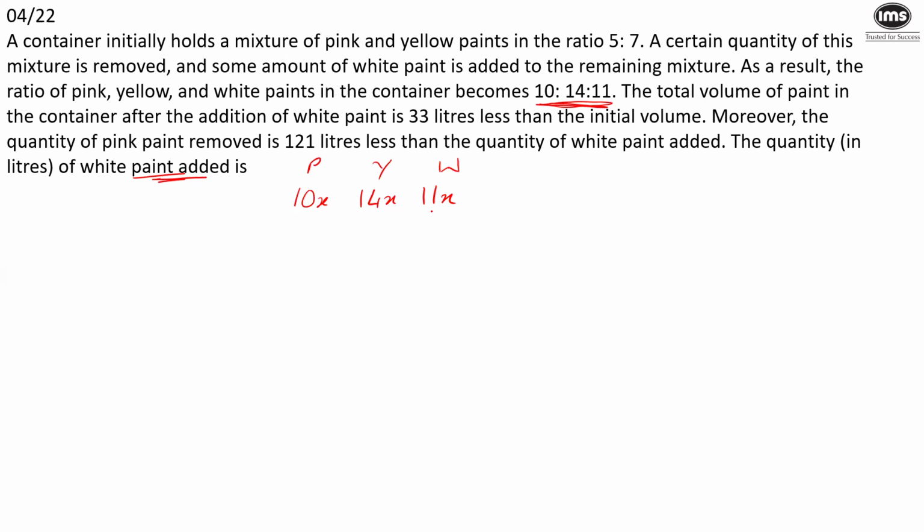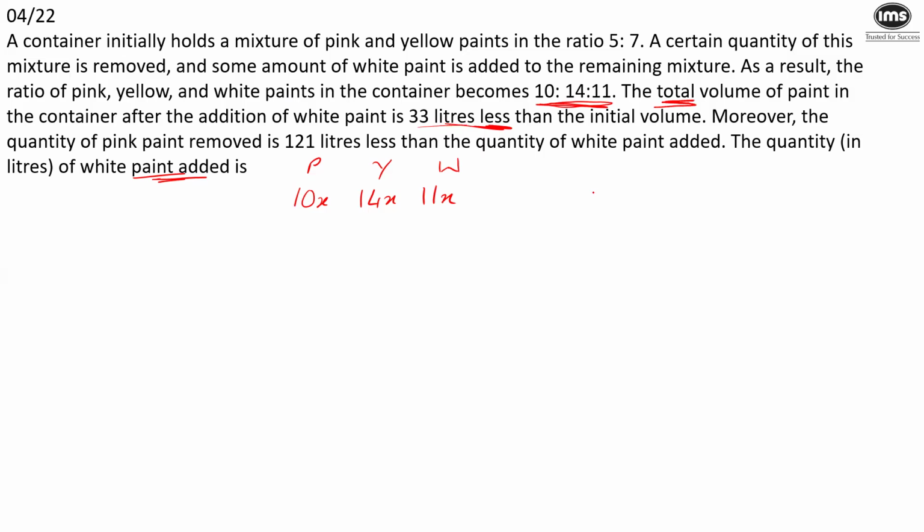Reading the total volume of paint in the container after addition of the white paint: it is 33 liters less. Some paint is removed and then some paint is added. If equal quantities were removed and added, there would be no difference, and initial and final would remain the same.